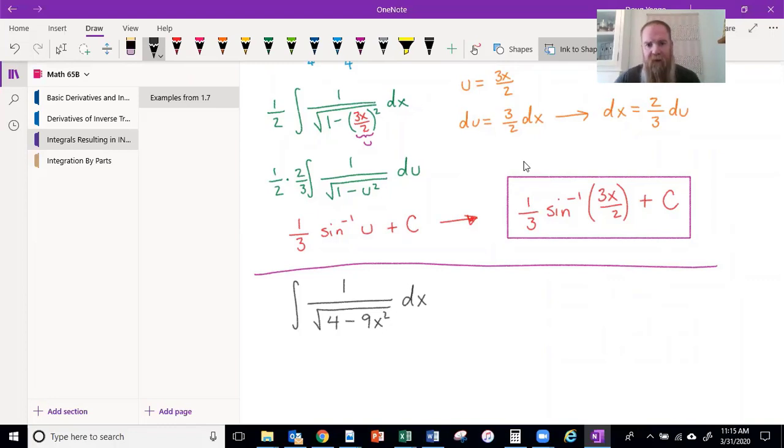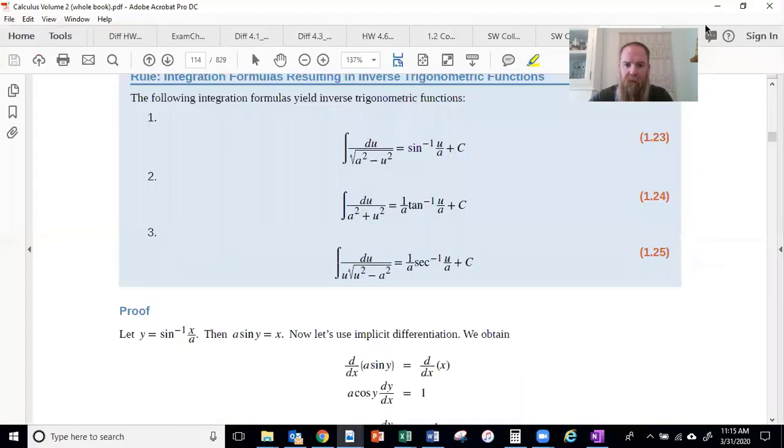Now, another way to actually do this is to look back to this form.